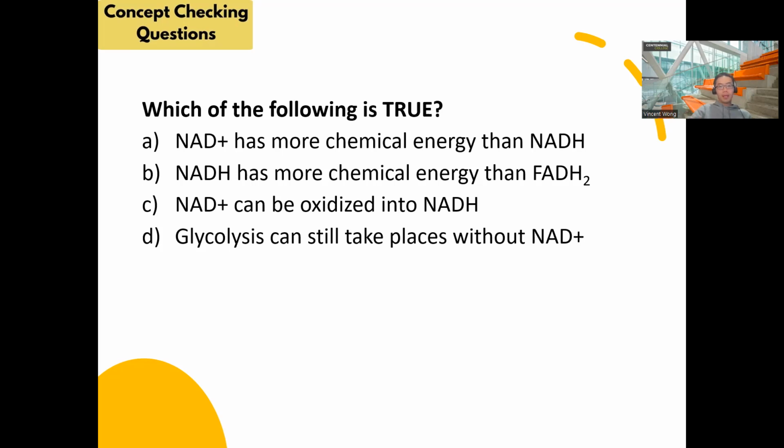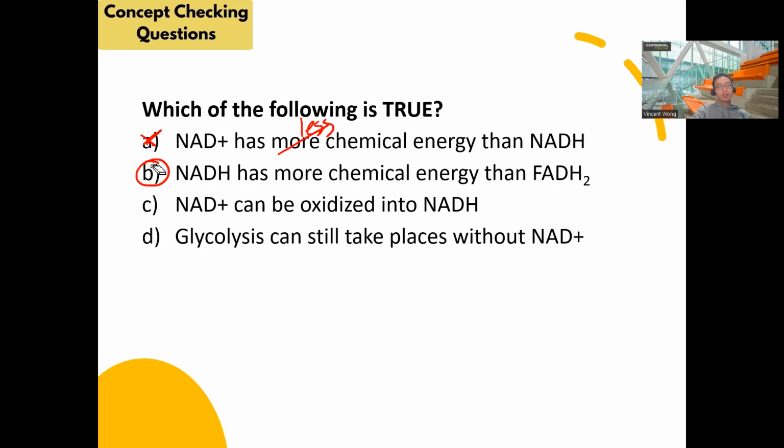All right, let's take a closer look. NAD plus has more chemical energy than NADH. That is not correct, because NAD plus is before it picks up the high energy electron, right? So it's more energetic after it picks up the electron, less before. NADH has more chemical energy than FADH2. That is correct. Each NADH has enough energy to make 3 ATP. FADH2 can only make 2 ATP.